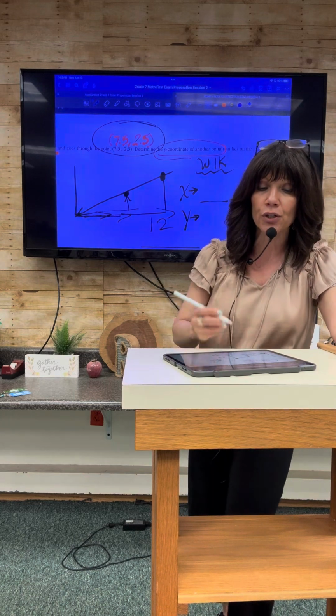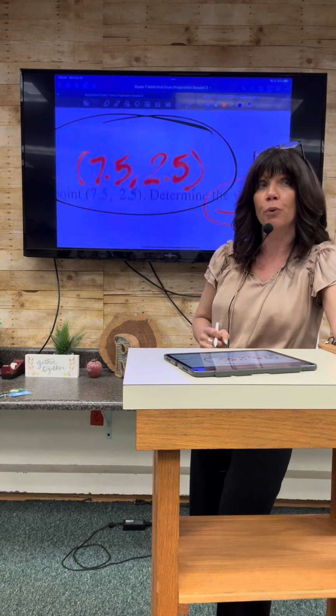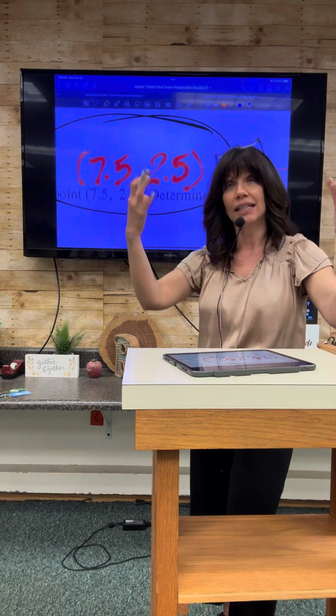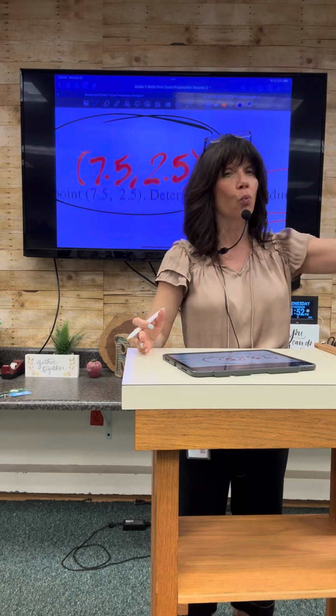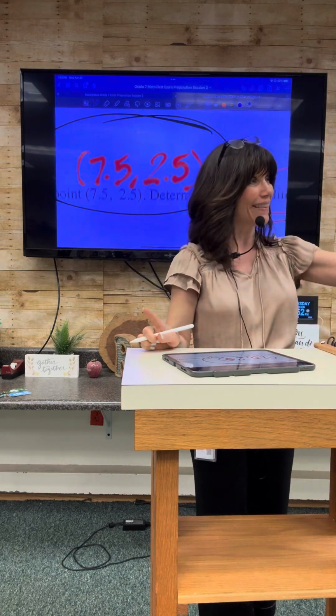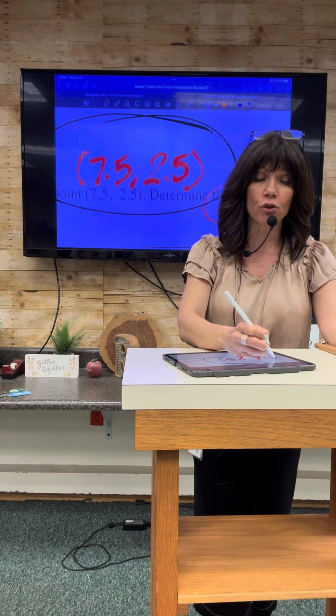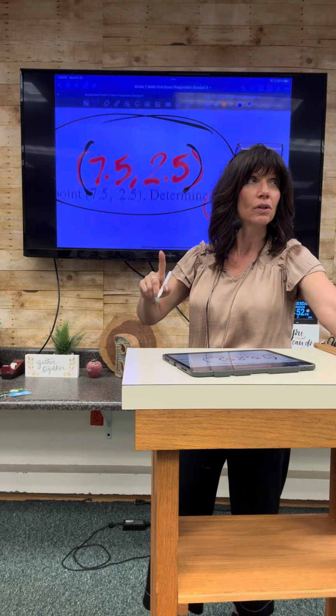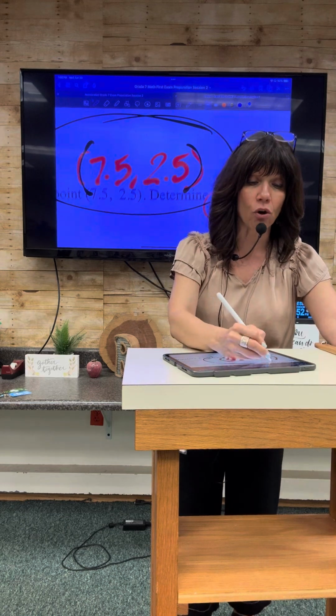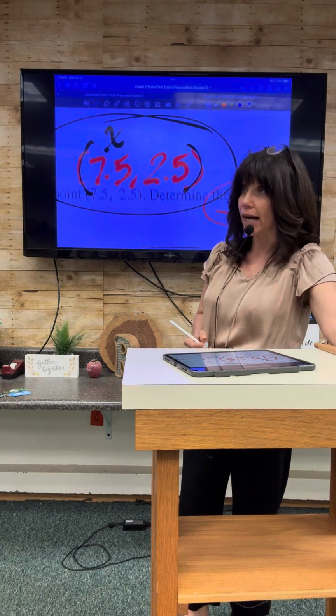So the x value for 7.5, 2.5 is what, class? Okay. So guys, any ordered pair, and I heard one person say it. I'm just a tiny bit sad that only one person said it, but yay, that one person. Guys, when it's an ordered pair, what value is always first? X value is always first, right?